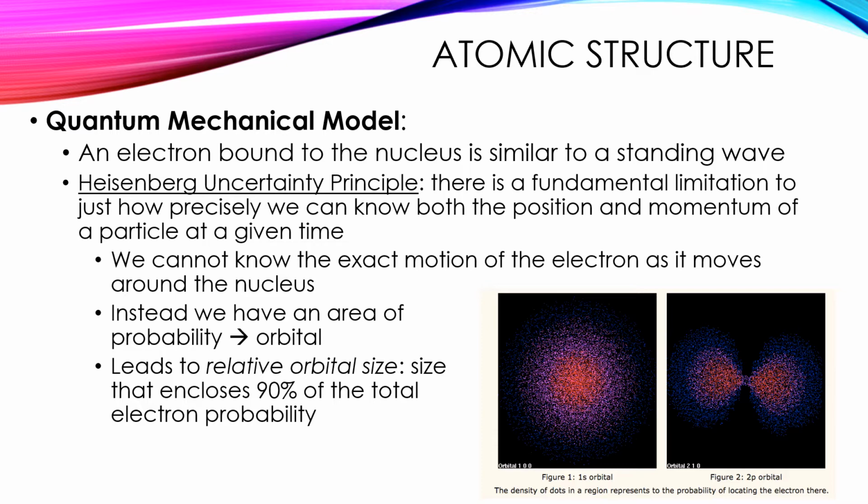So instead of having an orbit, we moved to this idea of an orbital, which is kind of an area of space that we know that we can predict the electron would be in. So instead of knowing that it orbits in a specific location, we then just give it kind of an area.